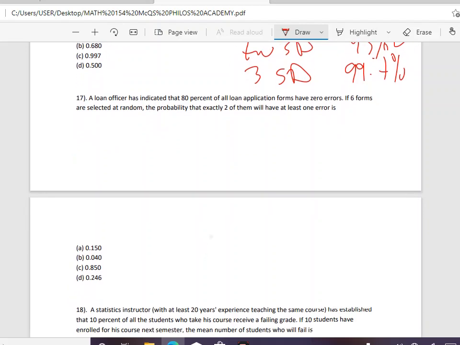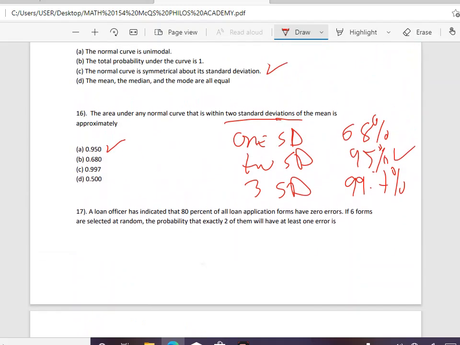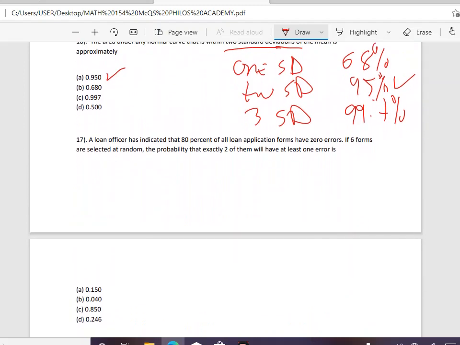So let's see question 17. A loan officer has indicated that 80% of all loan application forms have zero errors. If six forms are selected at random, the probability that exactly two of them will have at least one error is... To solve this, we are finding the probability that exactly two of them will have at least one error.